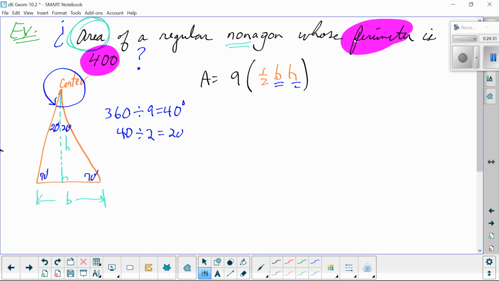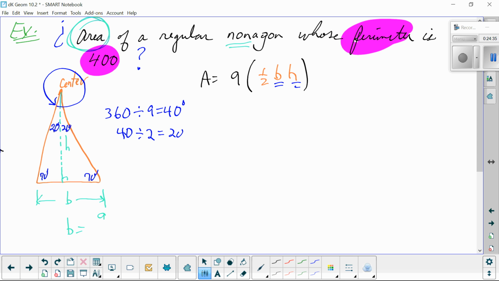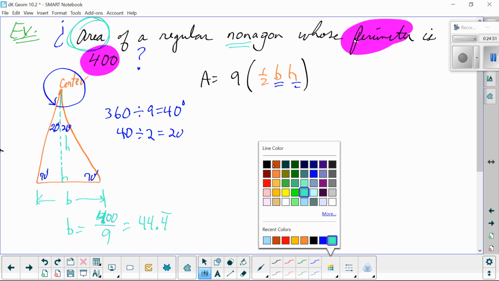So the base will just be equal to the entire perimeter, that's 400, divided by 9 sides, which is 44.4 repeating.